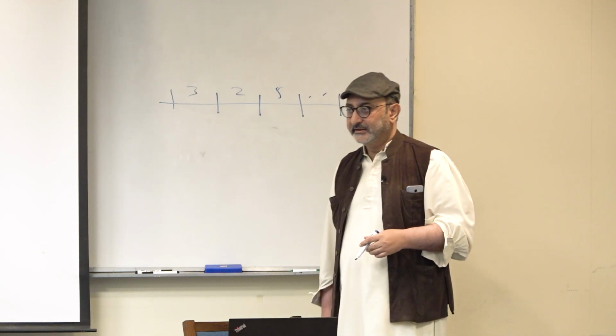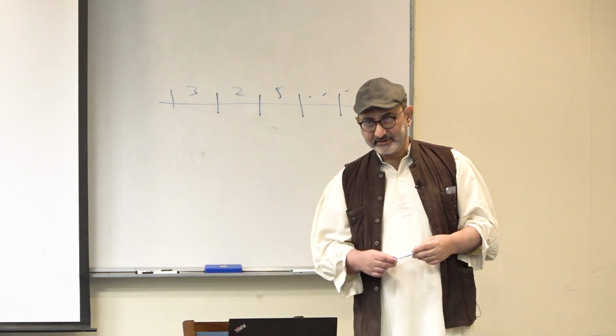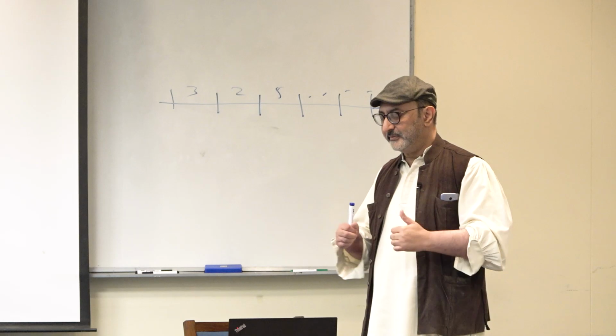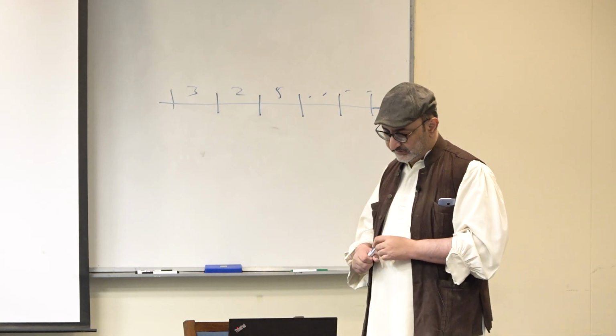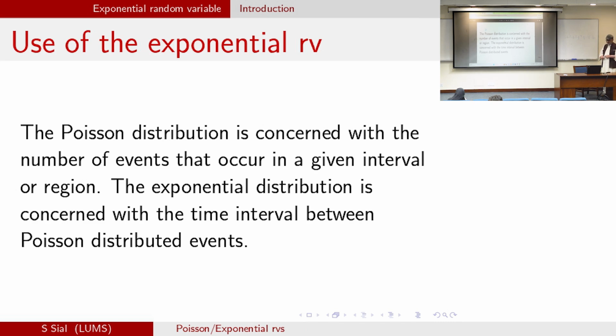That's what the Poisson random variable is concerned with, how many successes occur. Now, the exponential random variable is concerned with the times between Poisson distributed events. If you know that the events are Poisson distributed, or that that's a reasonable approximation, then what's the time between these events?